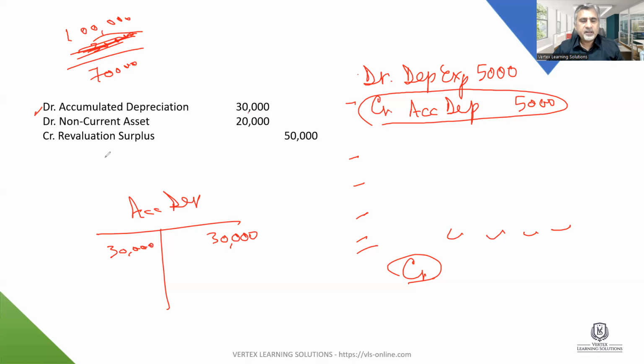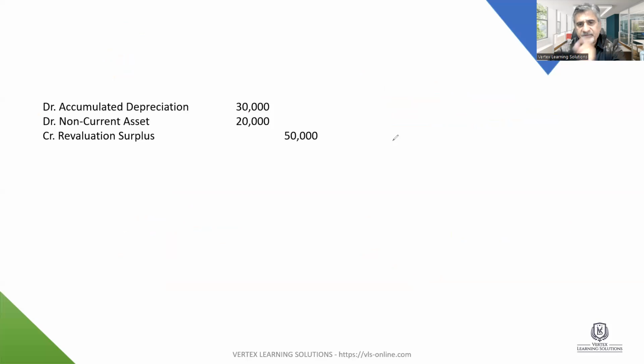In accounting, if you have to remove something or reverse something, so if previously you made it a credit, now you make it a debit. So it was credited 30,000, now you make it a debit 30,000. Before, it looked like that: non-current asset 100K on the debit side.